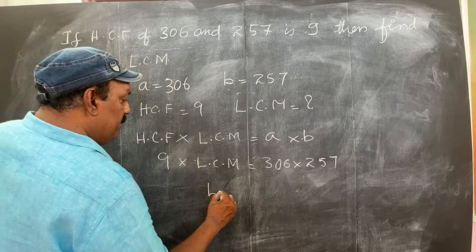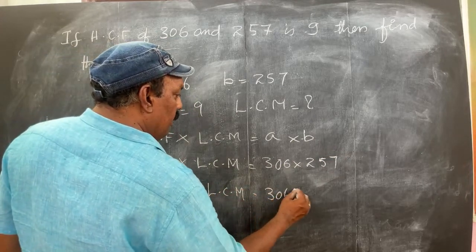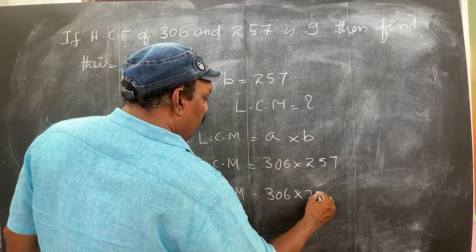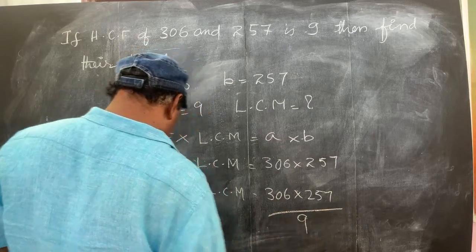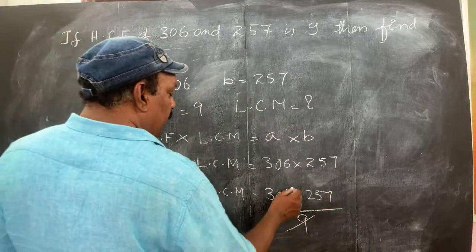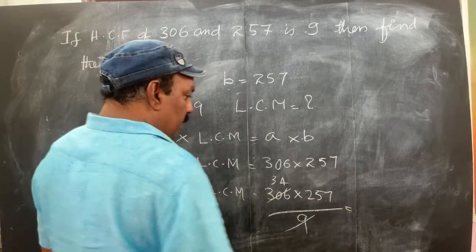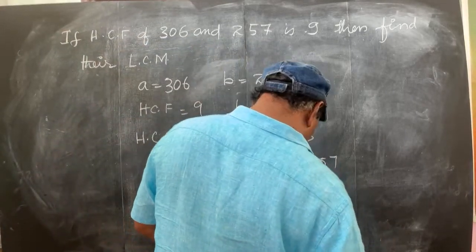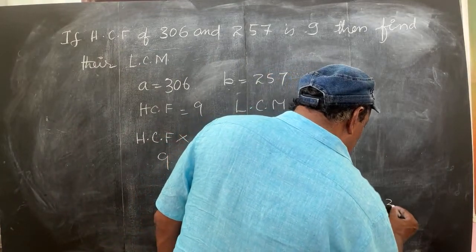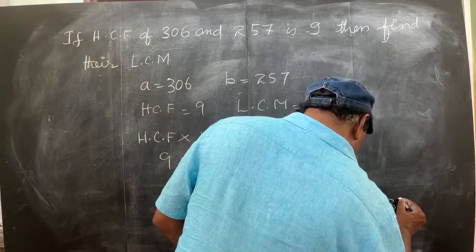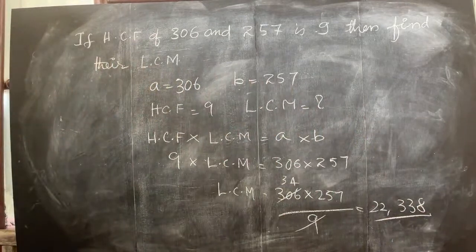Now therefore LCM is equal to 306 into 257 by 9. 9 into 306 goes 34, and finally you are going to get the LCM as 22,338.